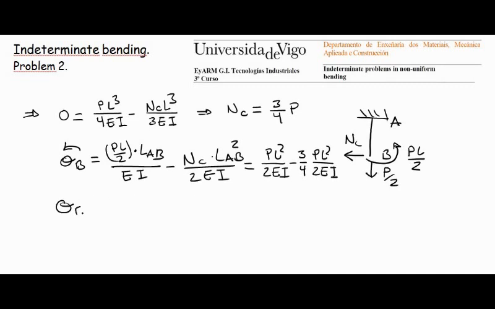So this is equal to 4 divided by 8 minus 3 divided by 8, PL squared divided by EI. The 2 is wrong, so the result is 1 divided by 8, that is PL squared divided by 8EI. That is the slope of B counterclockwise.